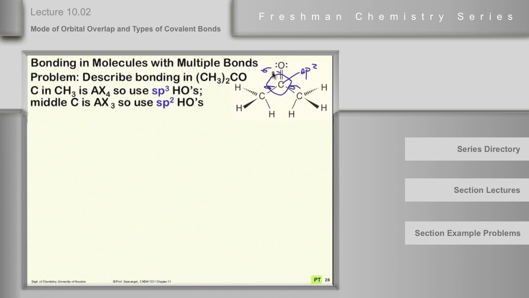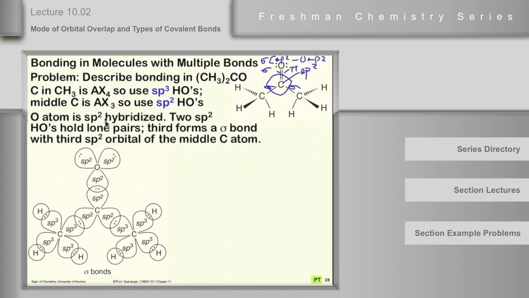So this sigma bond right there will be sigma carbon sp2, oxygen sp2. And the pi bond on the other side is carbon what? Carbon 2p, it's the leftover p orbital, and oxygen 2p. Or carbon p and oxygen p, if you will.